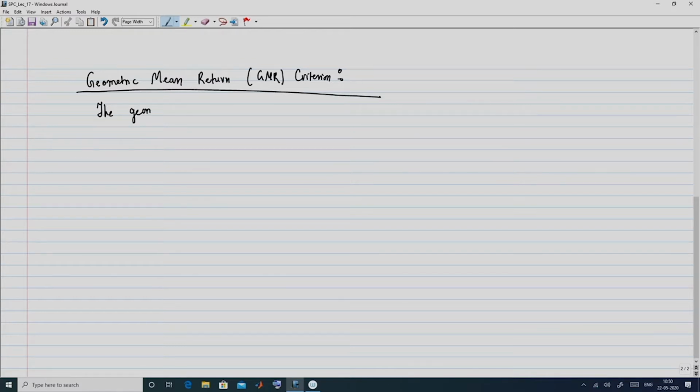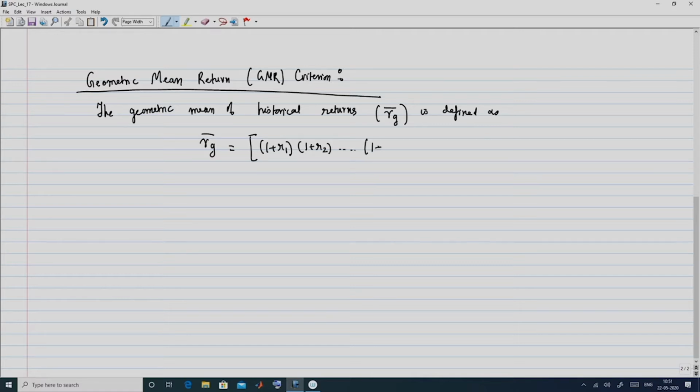So, the geometric mean of historical returns, we will denote this by RG for geometric mean, and the bar at the top for the mean, is defined as: RG bar is equal to (1 plus R1, that is the return for the first period, into 1 plus R2, return from the second period, into 1 plus RT, return for the Tth period) raised to 1 by T, minus 1.